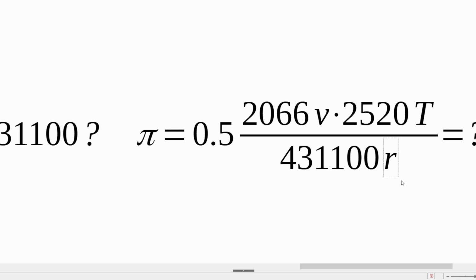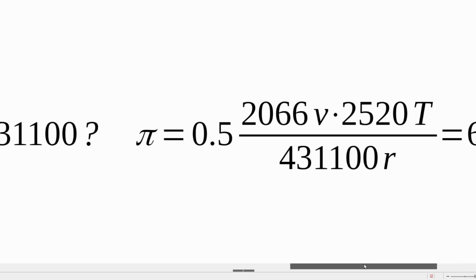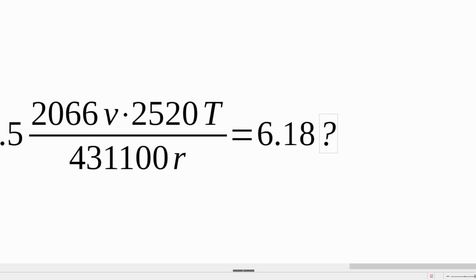Now, isn't that interesting? I'm pretty sure today isn't June 18th, but let's roll with it. We have 6.18, which is our pi. It's only double. It's probably fine.